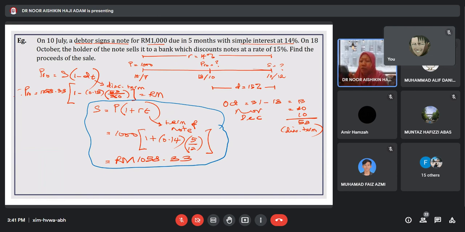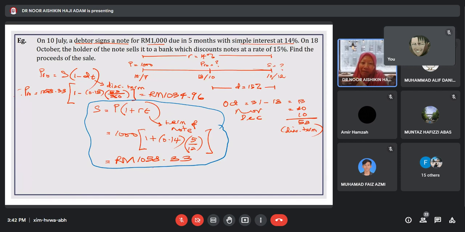Tapi saya terus darabkan dengan yang dalam square brackets tu. 1 minus 0.15 times 53 divide by 360. I get 1034.96. So ini duit yang dia akan dapat on 18th October.